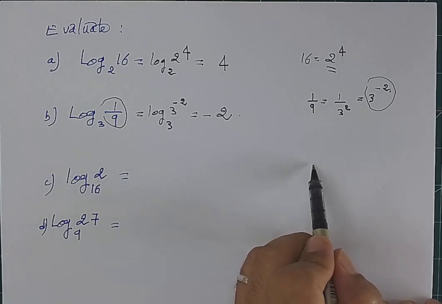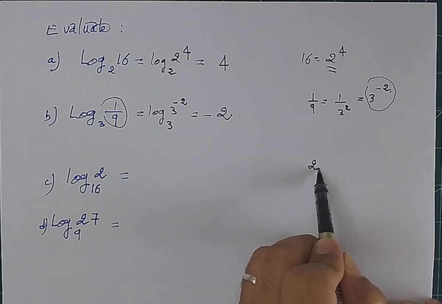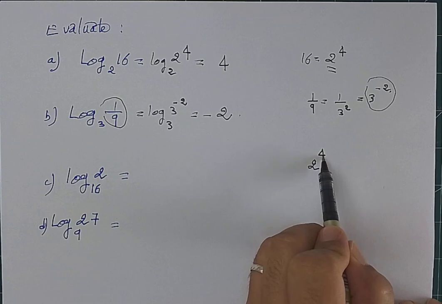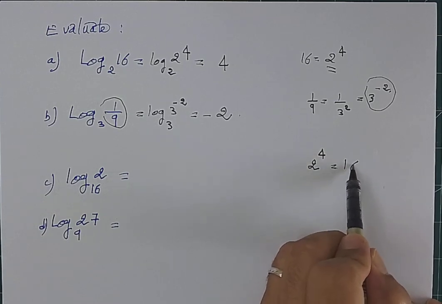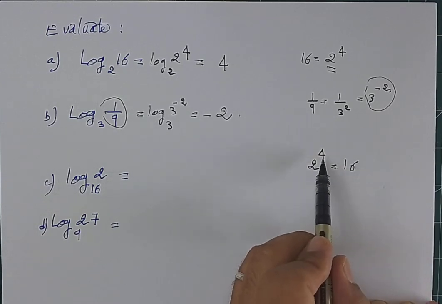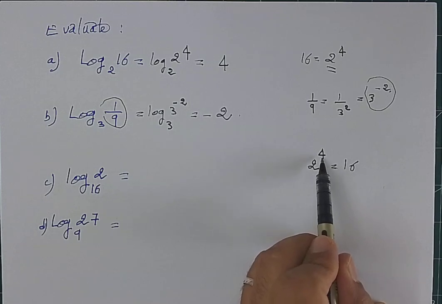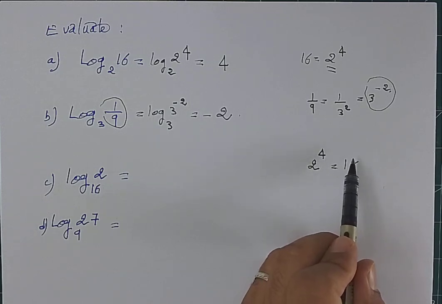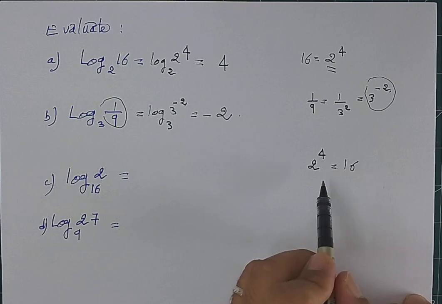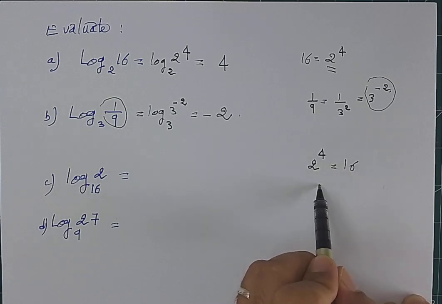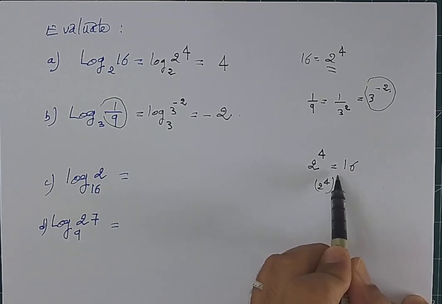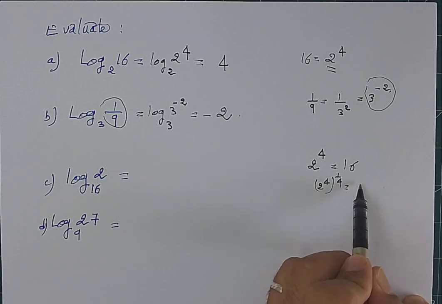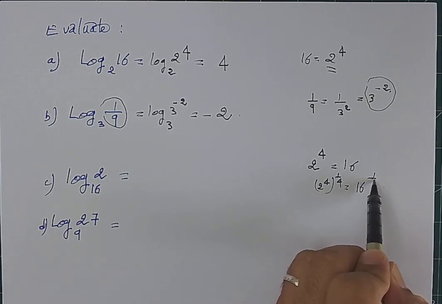So let's write 2 to the exponent 4 equals 16. I have to change this power to the right side, so I can put here 2 equals 16 to the 1 over 4.